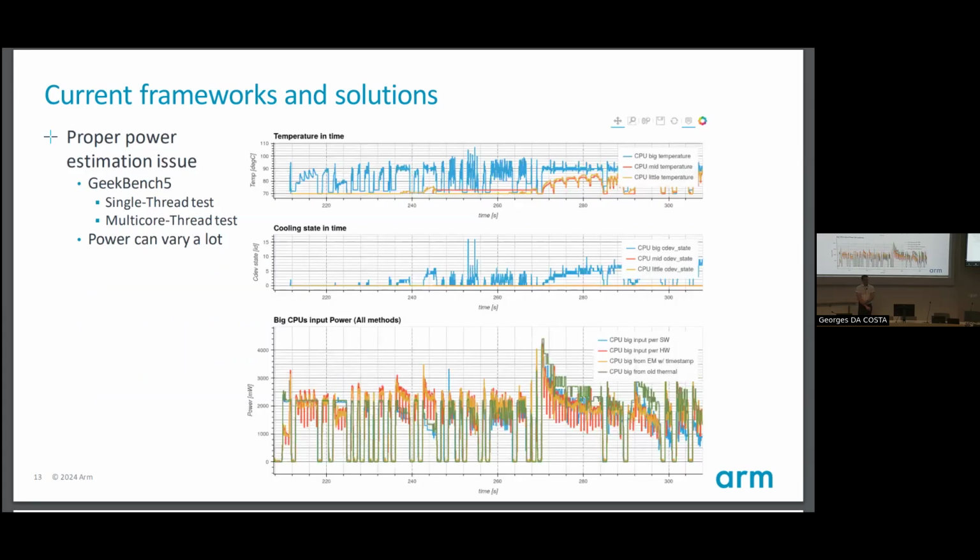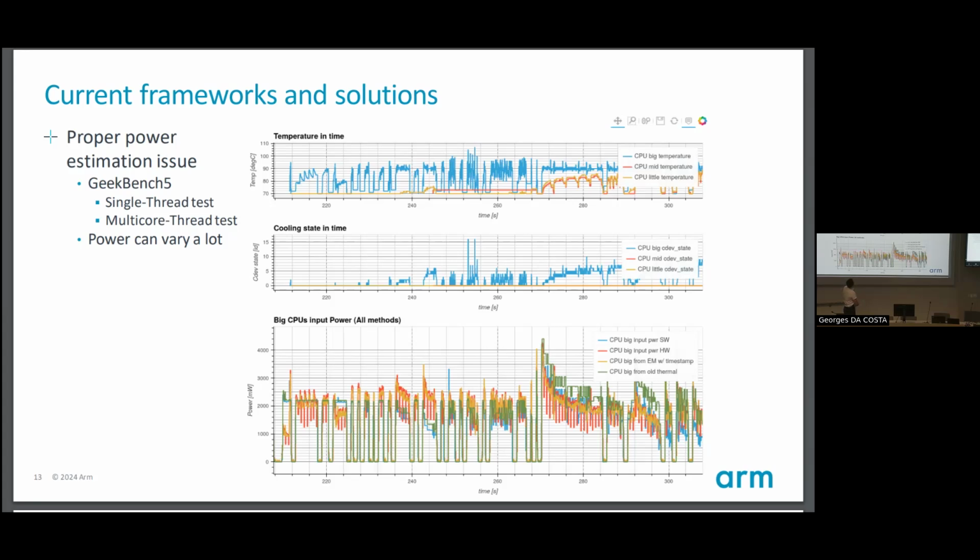And here is one example of how much difference we can see in our world. This test shows Geekbench 5. It shows the power usage in time. The power is the y-axis, and the x-axis is time. I'm talking about the bottom plot. There are other plots on the top.